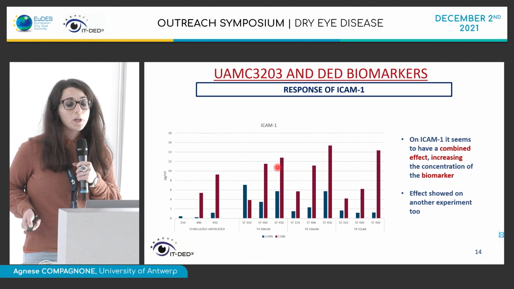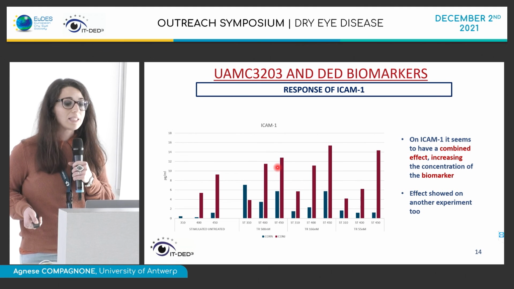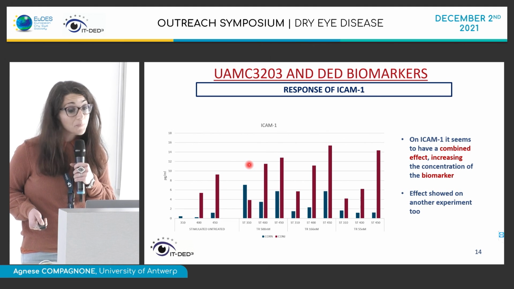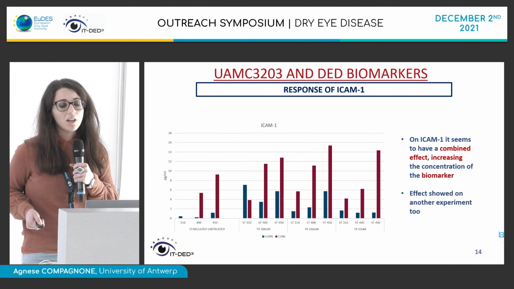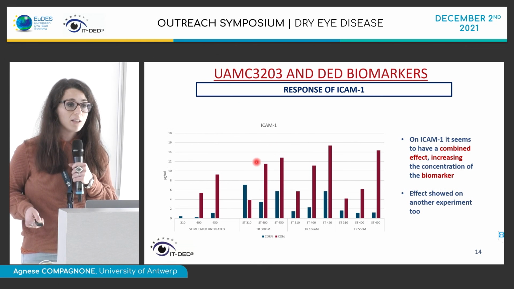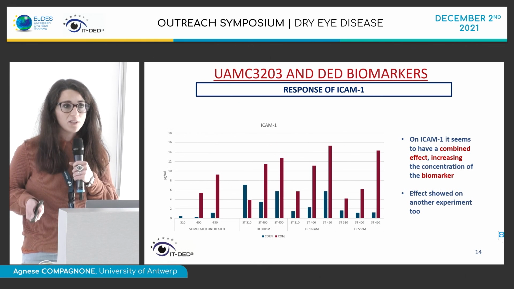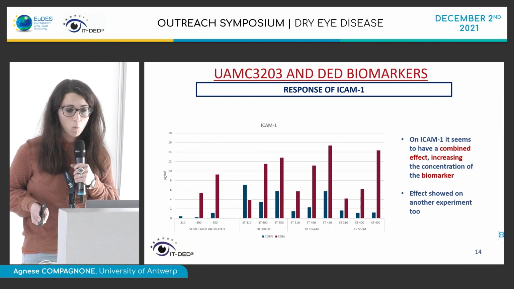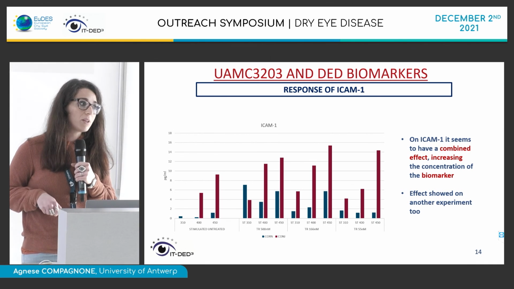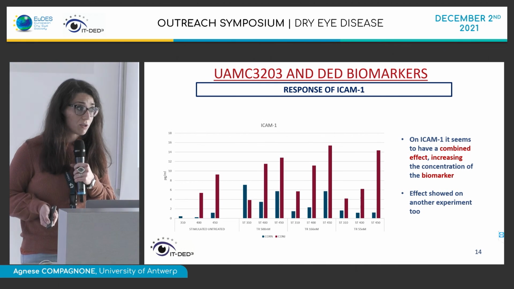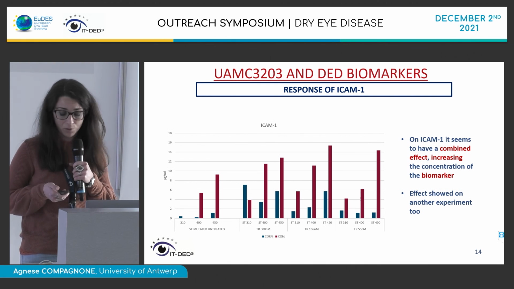And it seems that the compound, together with the hyperosmolar medium, is giving a combined effect increasing the concentration of ICAM1. This effect was also shown in a previous experiment, but with higher concentrations of the compound.